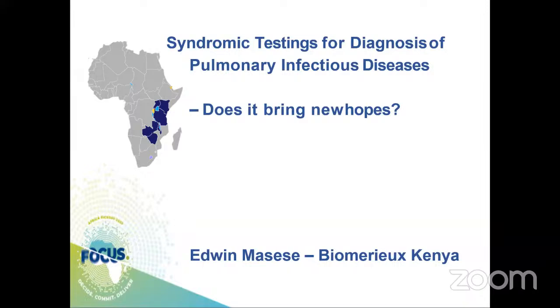So the question is, when you talk about syndromic testing, what is it? In this case, you're saying syndromic testing is bringing together so many organisms or syndromes, and then trying to diagnose all of them in one go. So are we saying it brings new hope?